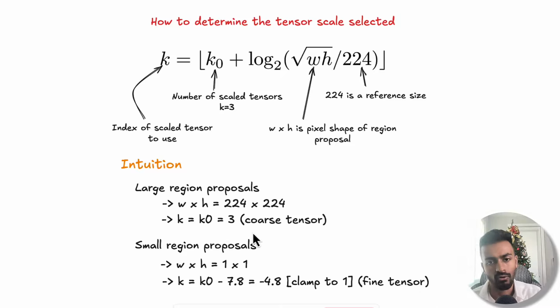So we have the coarse tensor for large region proposals and the fine tensor for small region proposals. That's the intuition that we wanted to go for anyways, and this is a nice heuristic to get to that point. And just note that you can change these values. This is just one of probably many ways you can frame this heuristic and hence select tensors.